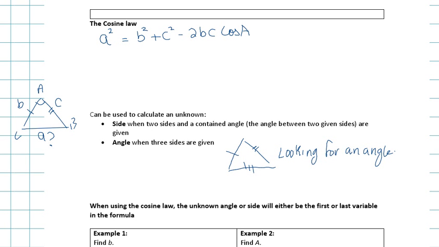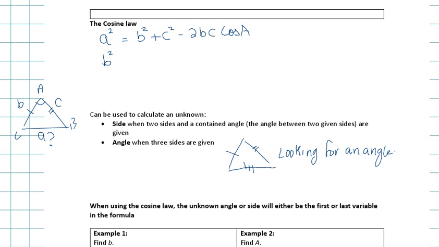Okay. Now what if I'm looking for side B? What should I know to look for side B? I know which sides? A and C, right? And what angle do I need to know? Angle B, right?